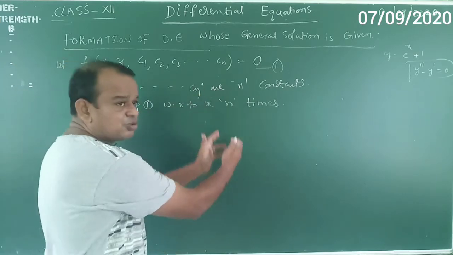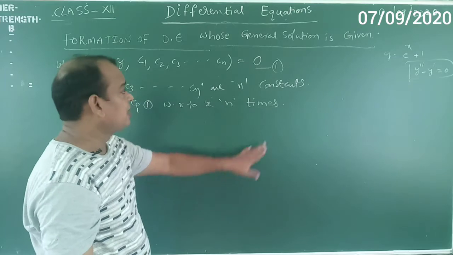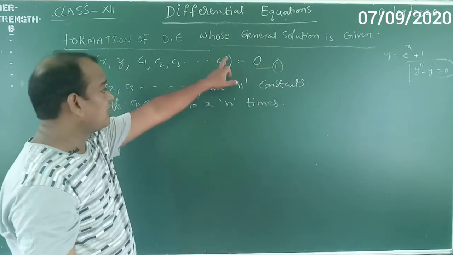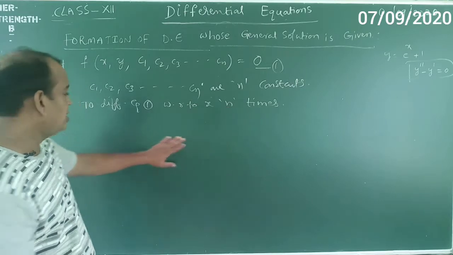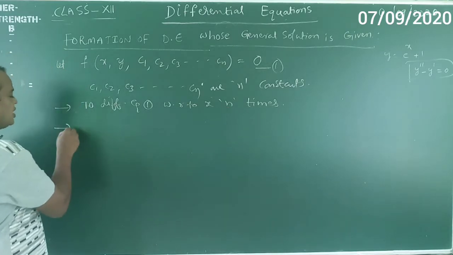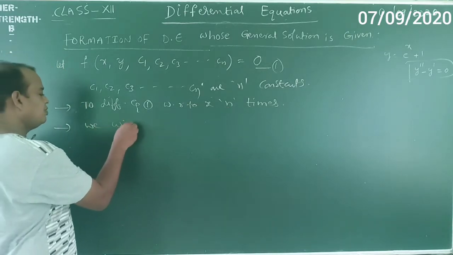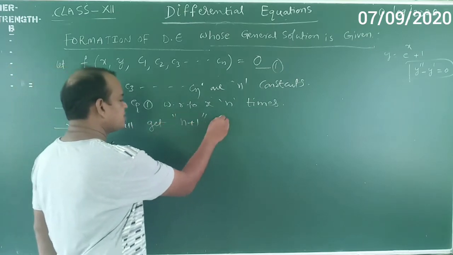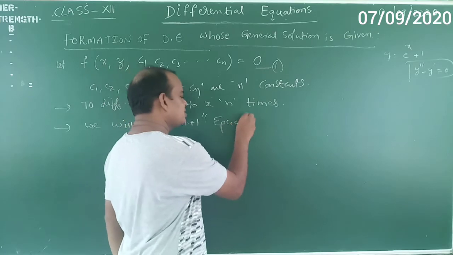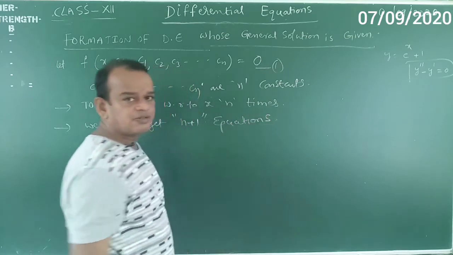First time, second time, and so on up to n times. In total we will get n plus 1 equations. The given equation plus n times the differentiation means n equations. Therefore we will get n plus 1 equations. Okay my dear students, we will get the n plus 1 equations.